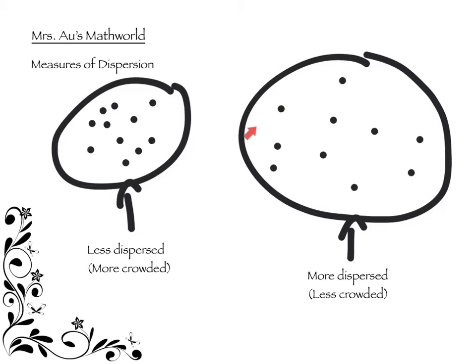You see they are more separate. But a graph like this cannot help us calculate in math how dispersed it is. So we will introduce the terms range and interquartile range for the calculation.